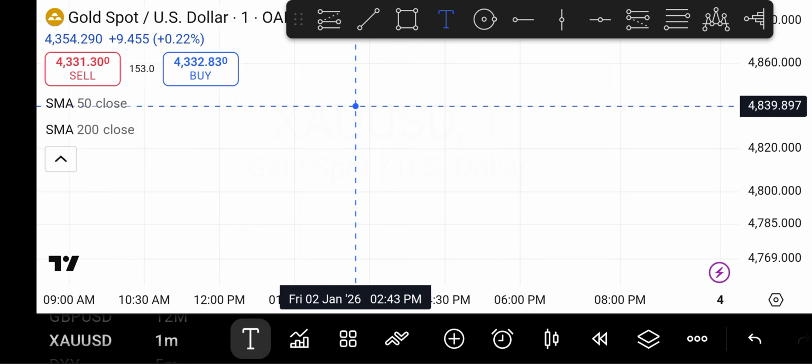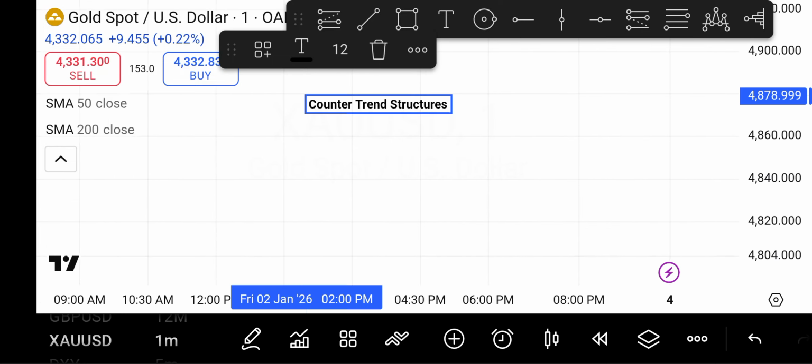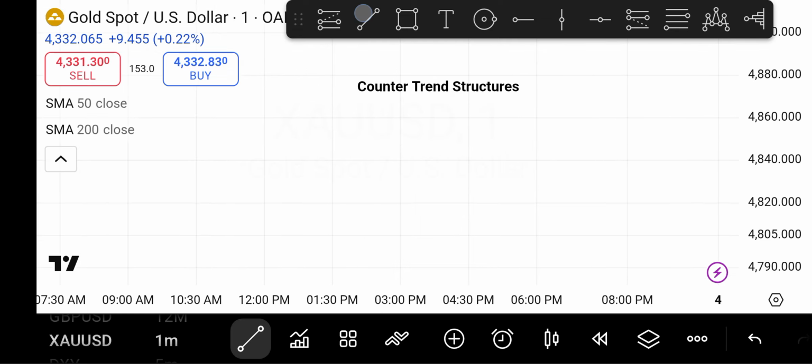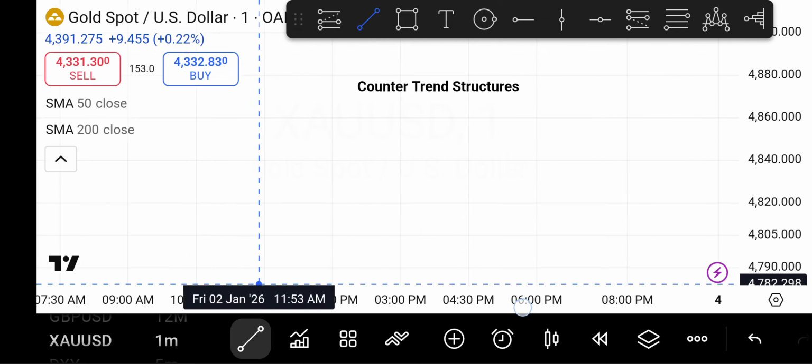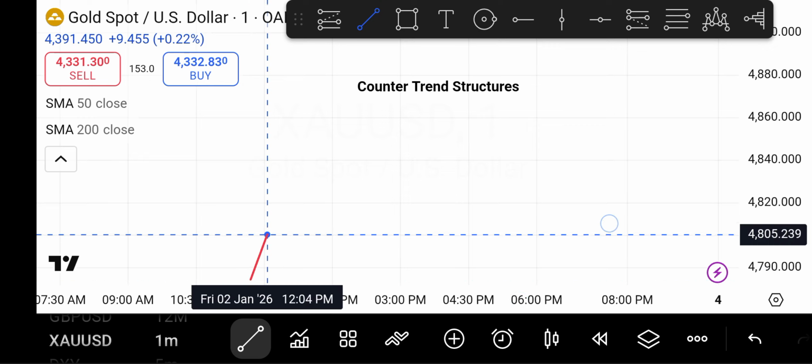For instance, let's start with counter trend structured trading. So let's start with counter trend structure. In counter trend structure, I expect the price to move like this.